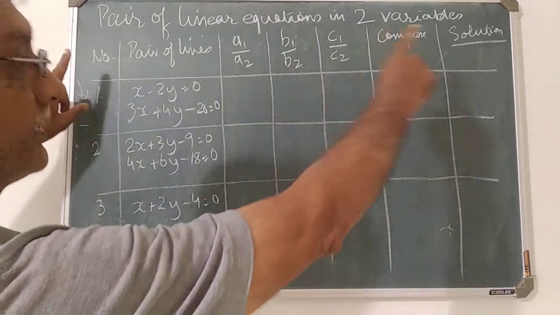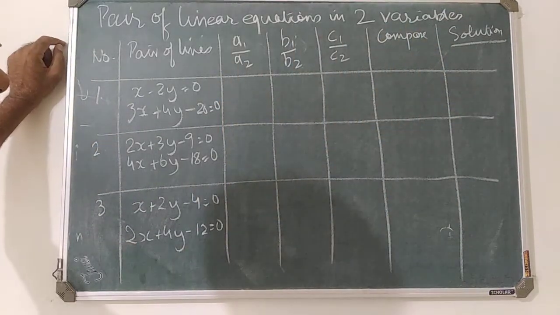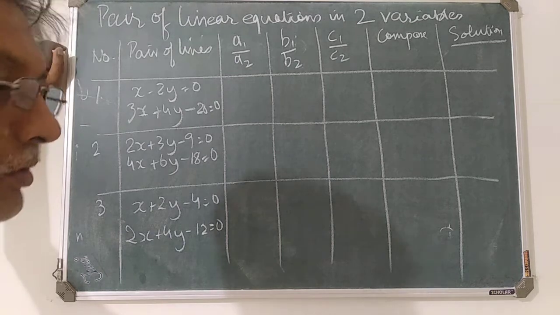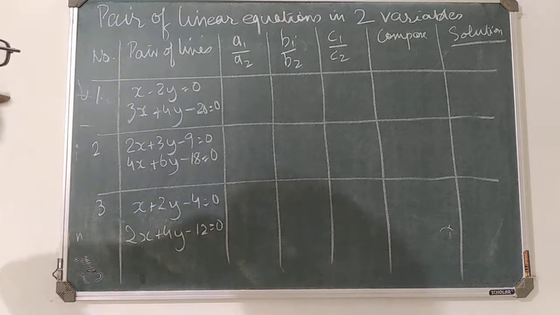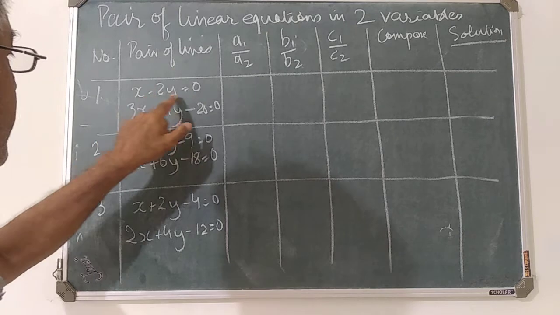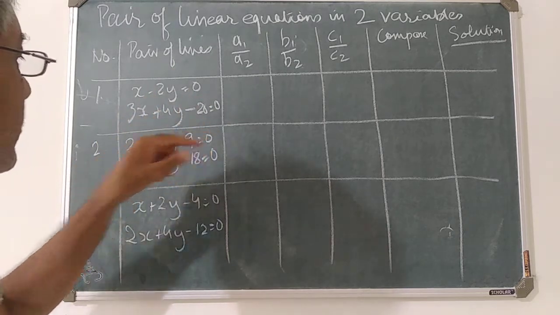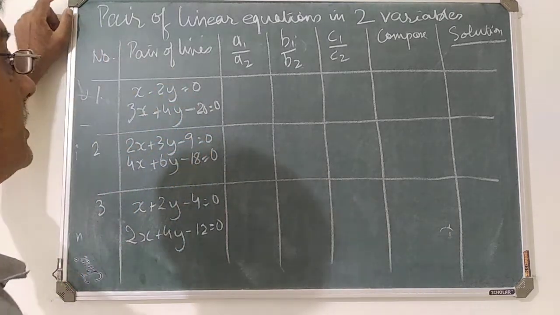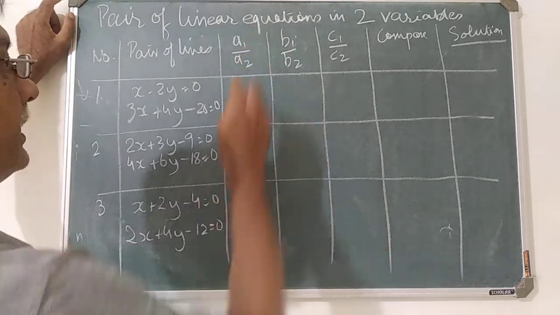Let us see this table which is given in your book. We are given a pair of lines x minus 2y is equal to 0 and 3x plus 4y minus 20 is equal to 0. Let us see a1 upon a2.